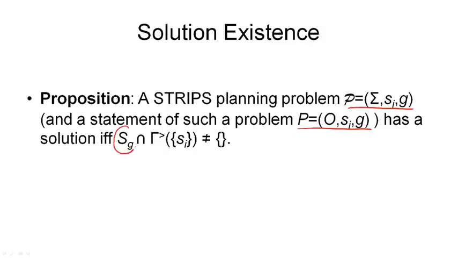Namely, if we take the set of all goal states and we take the set of all reachable states and we build the intersection between these two sets, then this must not be the empty set. Or you can see it the other way around too. If this set actually contains an element, let's say a state Sg, then this state is in both these sets, which means it is a goal state and it is reachable from the initial state. And if there's a reachable state from the initial state that is a goal state, that means we have a solution to our planning problem.